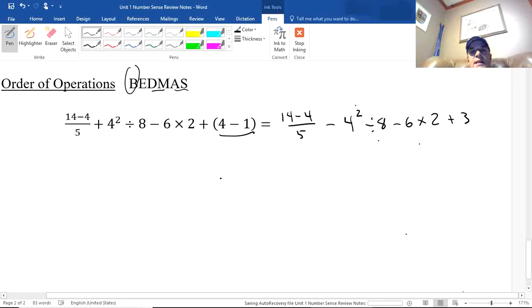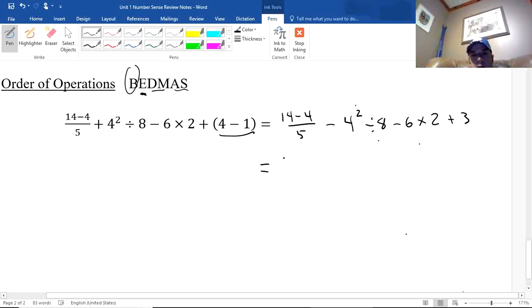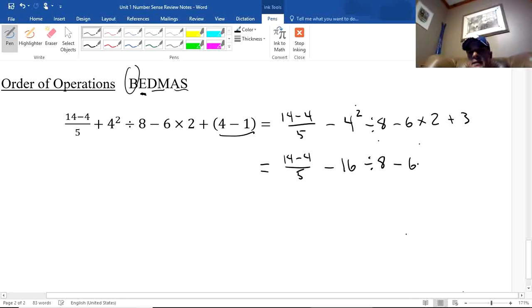What's the next thing I'm going to do? Well, it's my exponent. So because that's the next thing in line, the exponent. So I'm going to go 14 minus 4 over 5 minus 4 times 4 is 16 divided by 8 minus 6 times 2 plus 3.